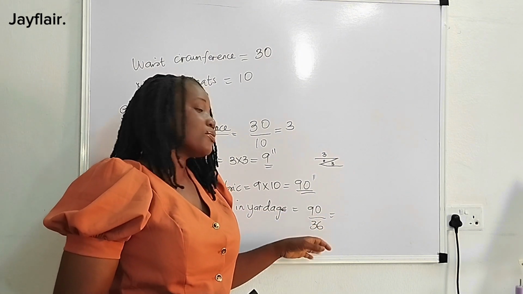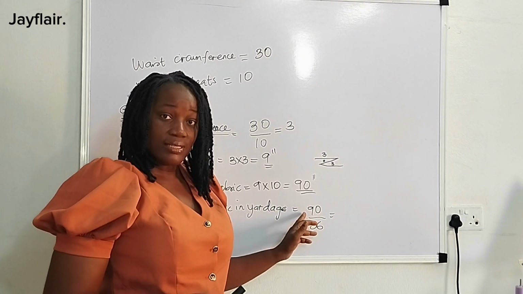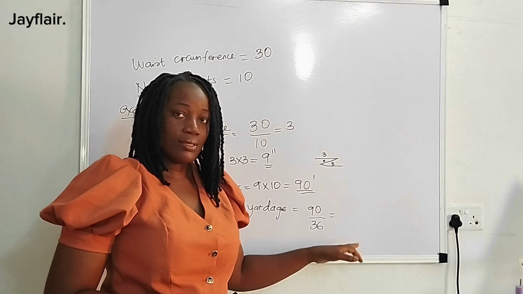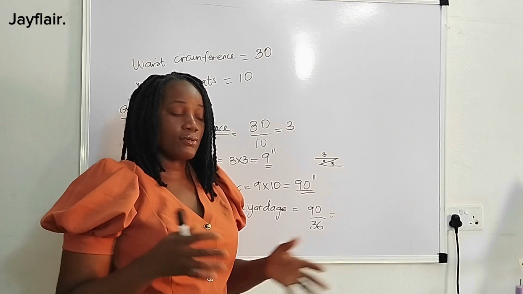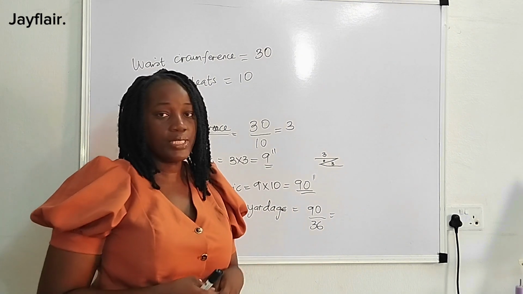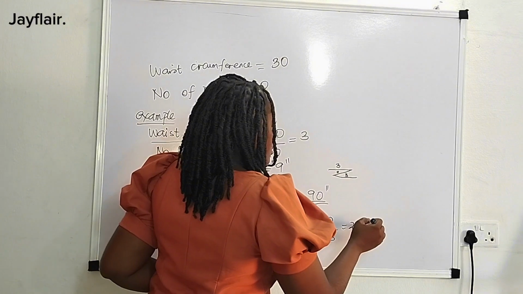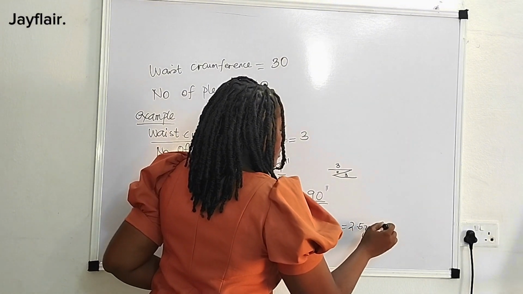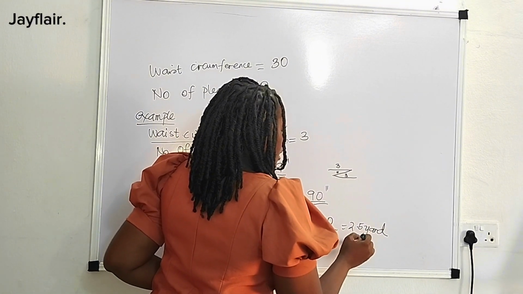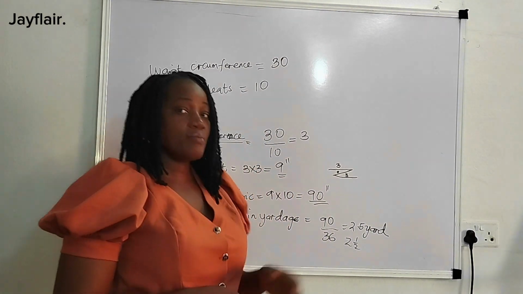But I know one yard is 36 inches. So when you divide 90 by 36, whatever you get is the amount of yardage of fabric that you will be needing. 90 divided by 36 is 2.5. So I need 2.5 yards of fabric.